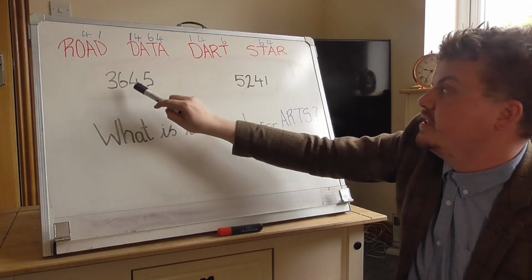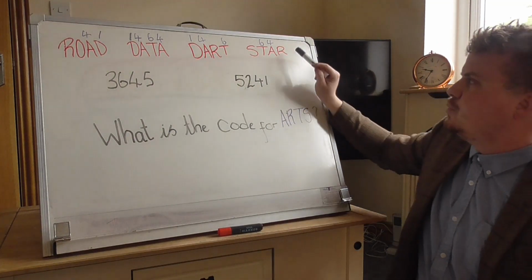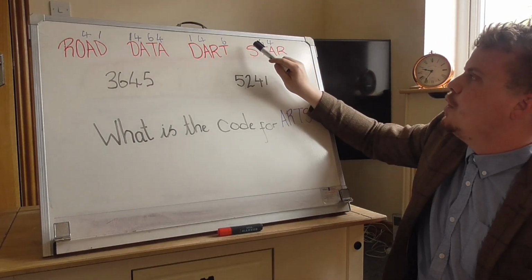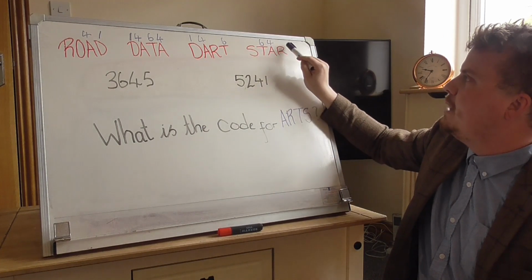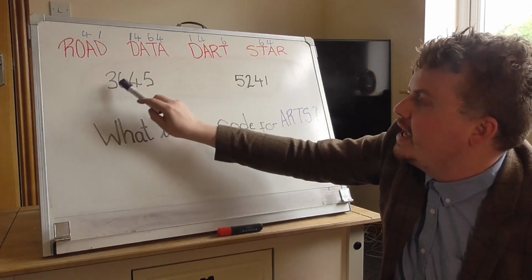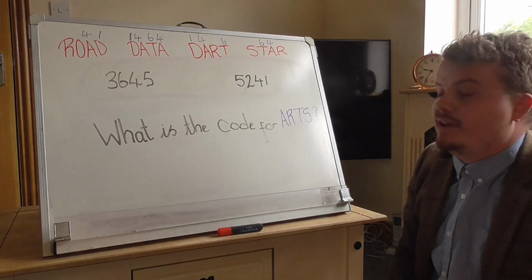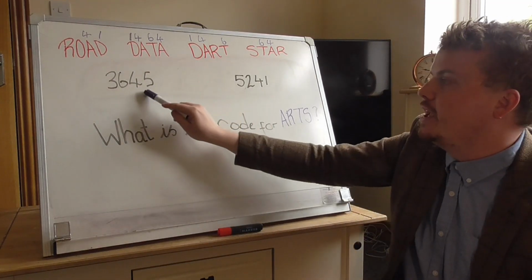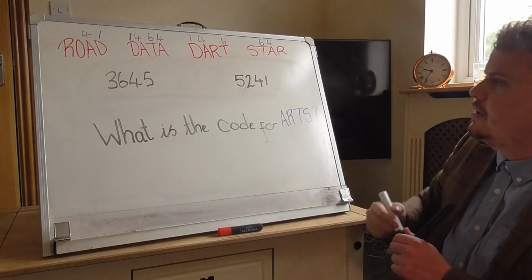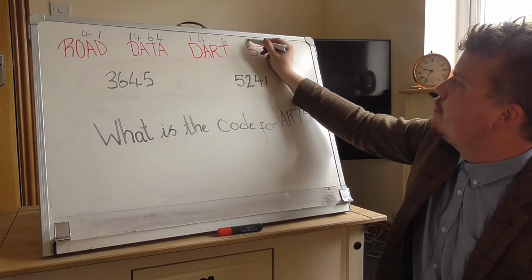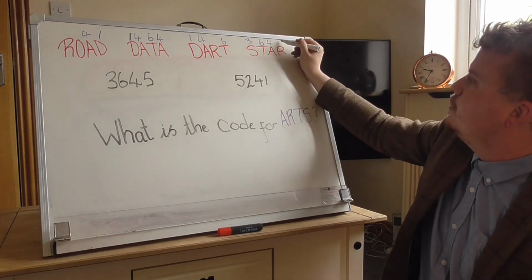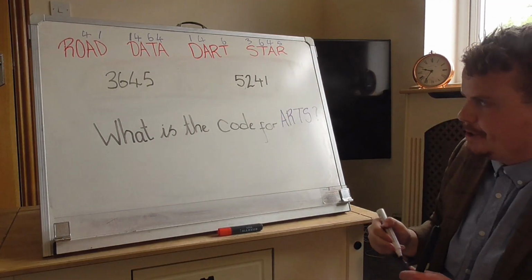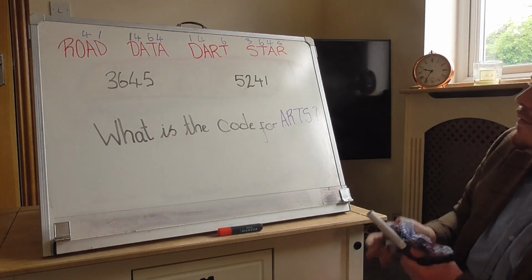This begins with 3, 6. But if I look at the last word, we've got blank, 6, 4, blank. And here we've got 3, 6, 4, 5. So we can assume that this code here corresponds to that word. So we know that S must equal 3 and R must equal 5. And now I can get rid of this.